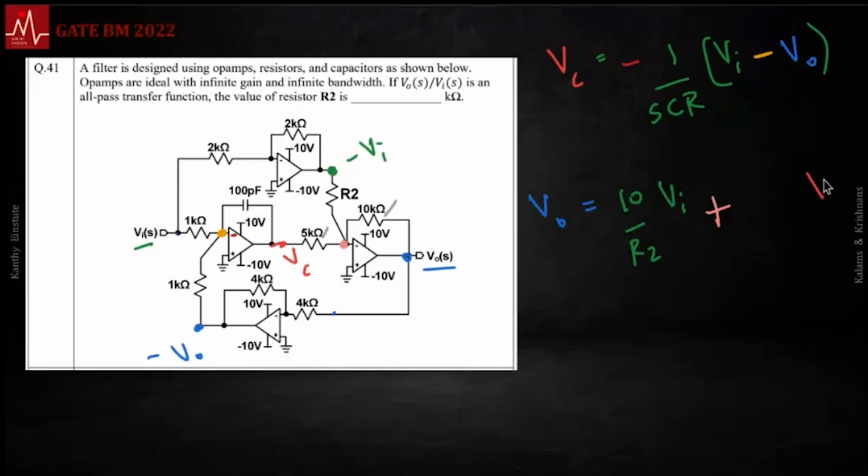That will be 10 by 5. And it should also have a change in sign, so I'm going to make this minus. It's a combination of two terms, but one of them has a negative sign. So minus VA becomes plus VI, and then VC becomes minus VC. So good. Any questions here?